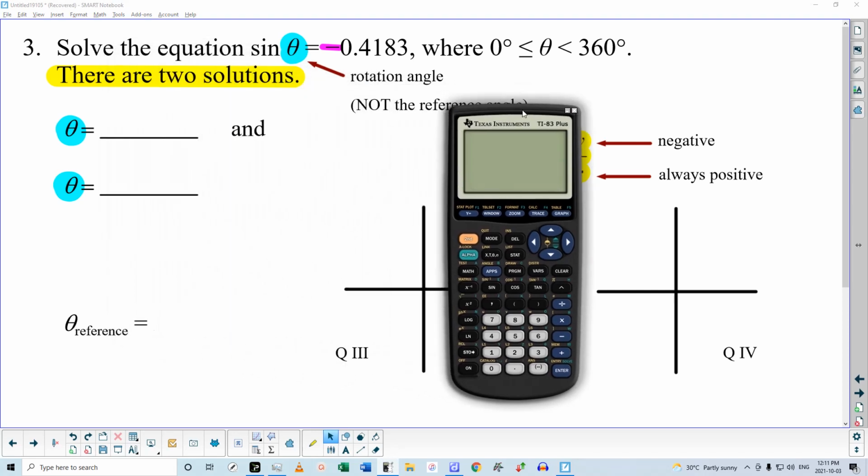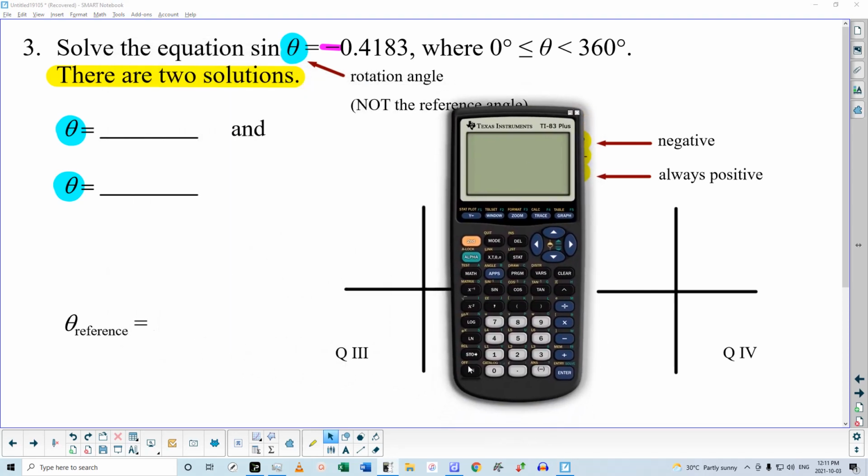So to find a reference angle on your calculator, you use the second trigonometric function ratio. So you go second sine in this case. And you're going to enter the value of the trigonometric ratio, but you're not going to put the negative number in. You're simply going to put, in this case, 0.4183. I mentioned in class before, if you do put the negative in, then you have a different path to follow if it's sine of theta.